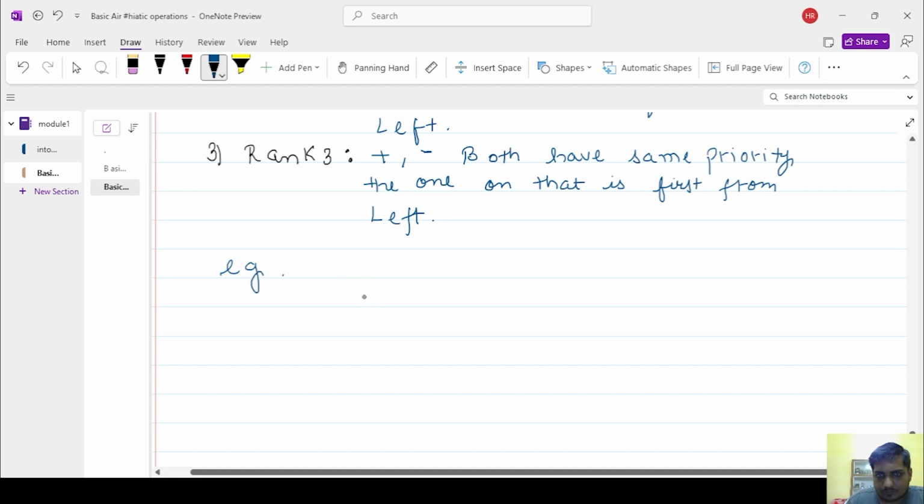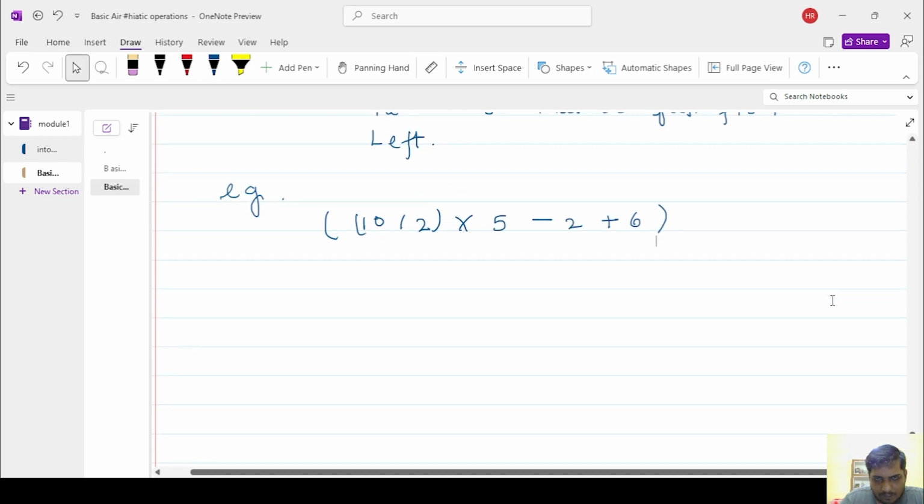If 10 divided by 2 is given, multiplied by 5 minus 2 plus 6 is given, how will we solve it? In Java, we give the priority first to the open braces.